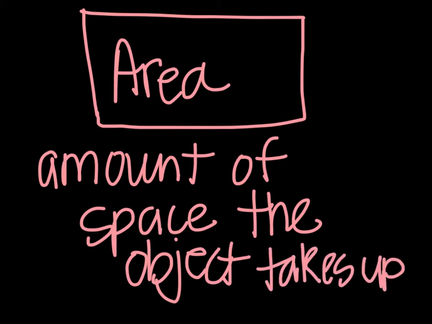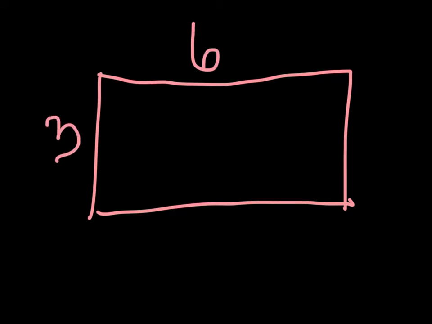To find the area, it's really not hard at all. So let's say we had our rectangle here, and we knew that the length was 6 and our width was 3. To find the area, or how many squares you can fit inside, you're going to multiply those two numbers. So we have 6 groups of 3.